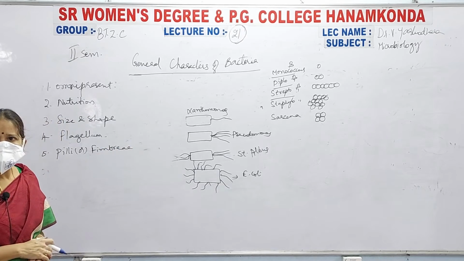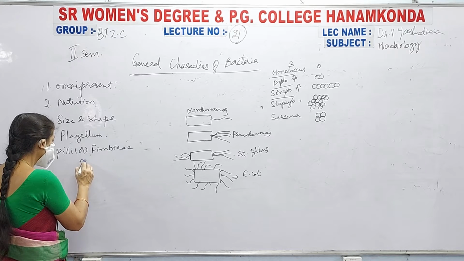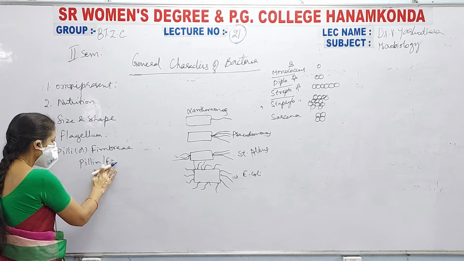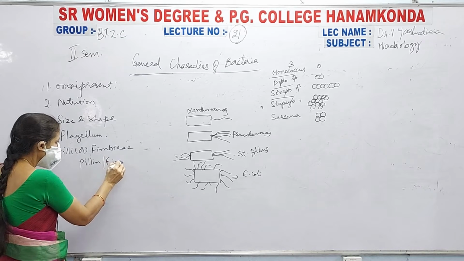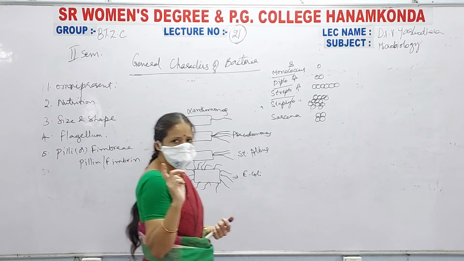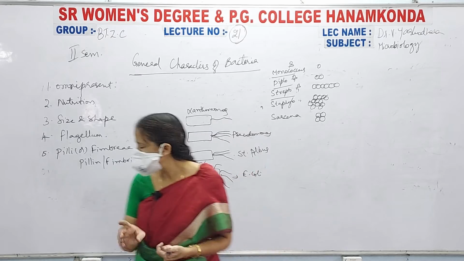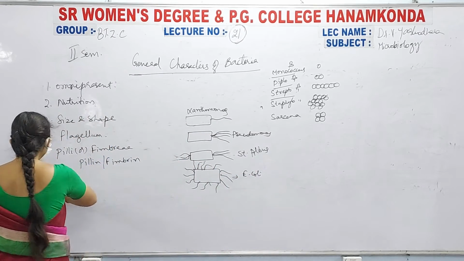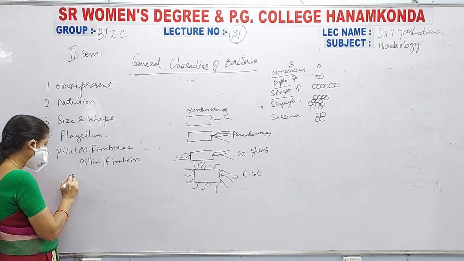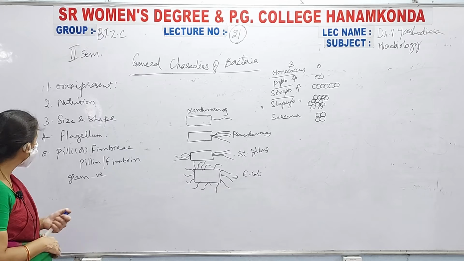They are made up of a protein called pilin or fimbrin. These pili are present in gram negative bacteria.